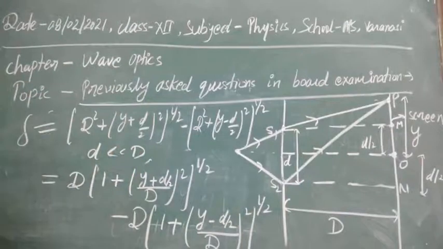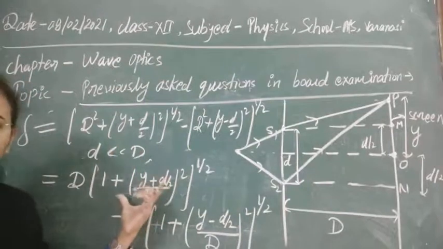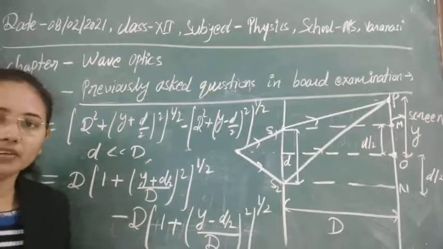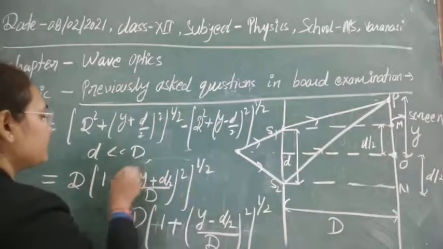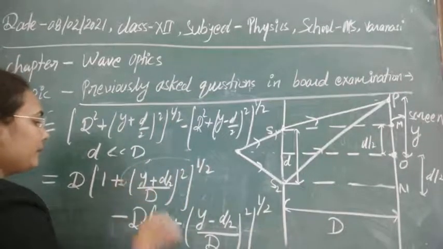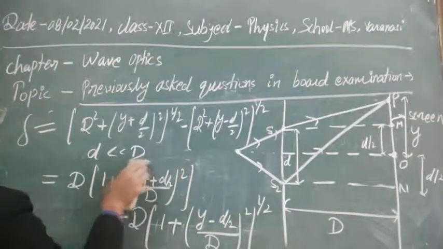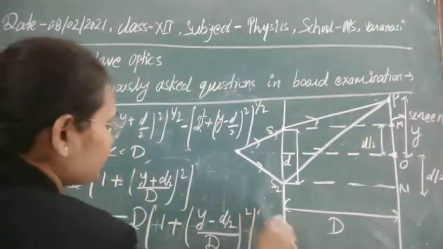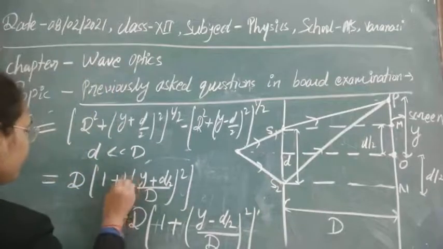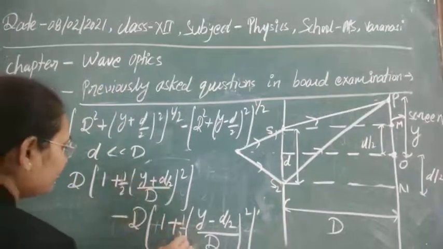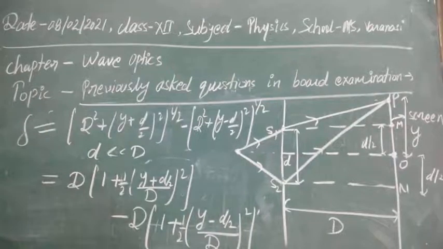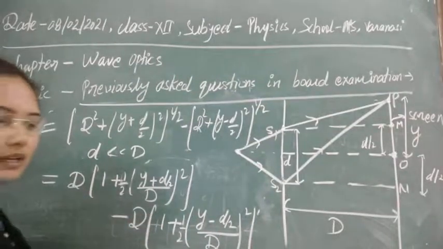Now we can apply the binomial approximation of the first order, in which simply this power will be multiplied. So this expression will be 1 by 2 and here also 1 by 2. Now we can expand this whole equation.